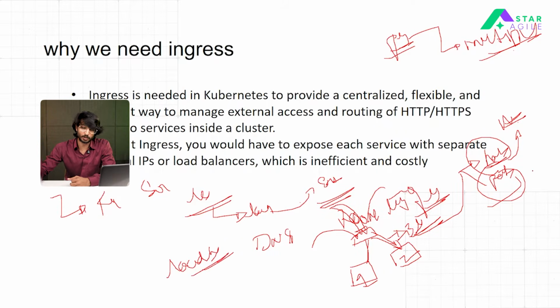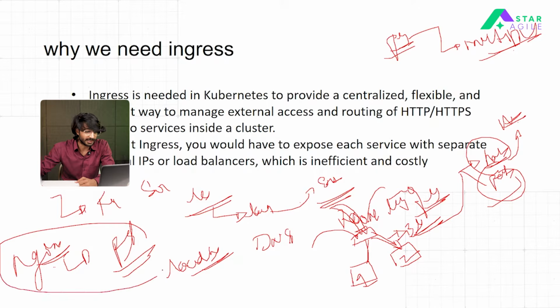These host-based and path-based routing capabilities are offered by Nginx, one of the widely used reverse proxy or forward proxy load balancers, and there is also HAProxy. They offer these facilities with very advanced features.